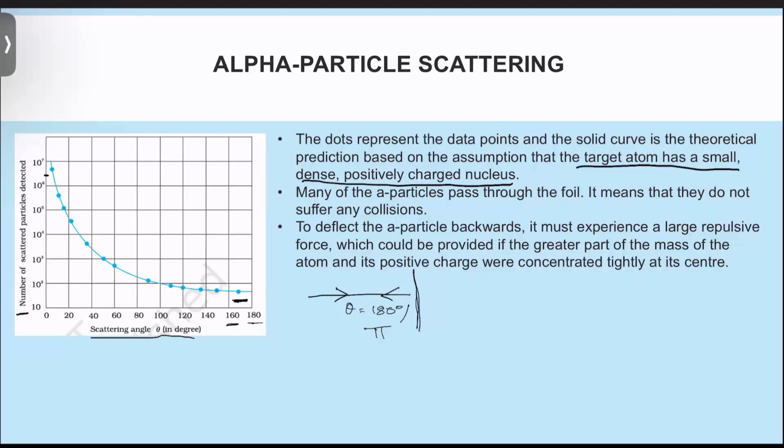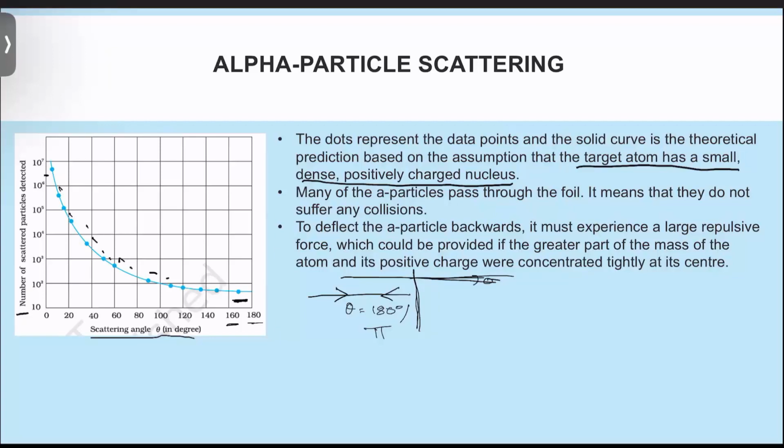As you can see, many of the alpha particles pass through the foil. You can see the data points. A number of them are crossing the foil and they do not suffer any collisions. They just pass through. Obviously there is going to be a scattering angle theta associated.